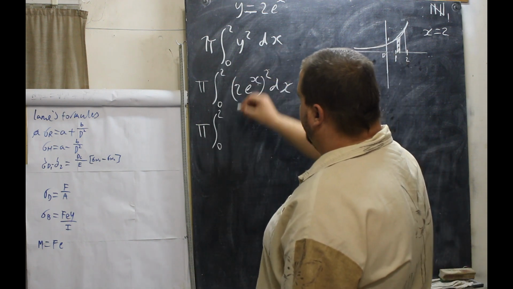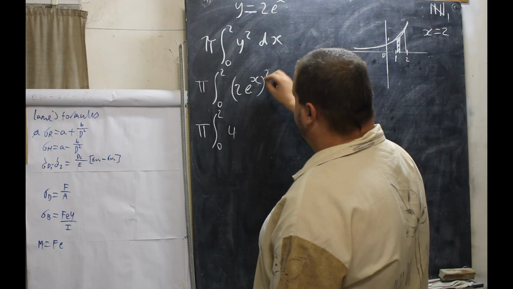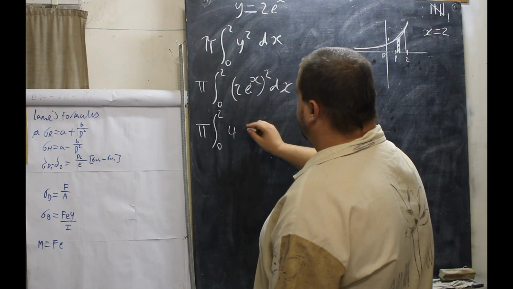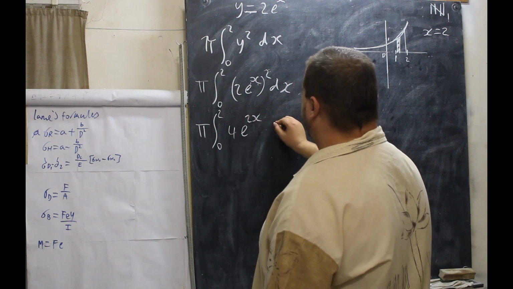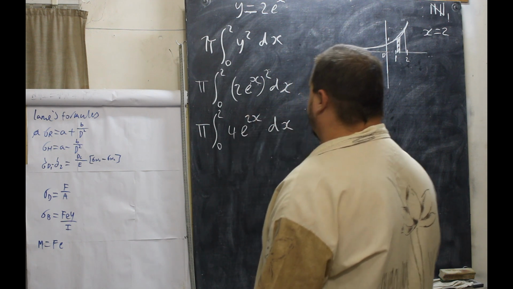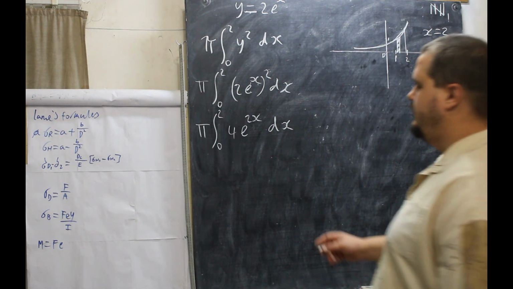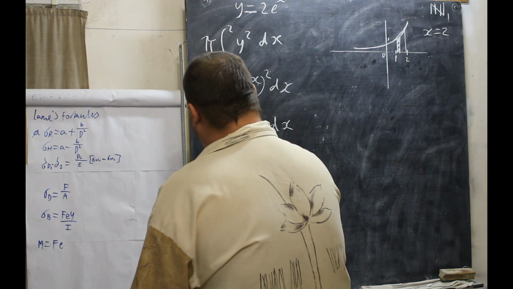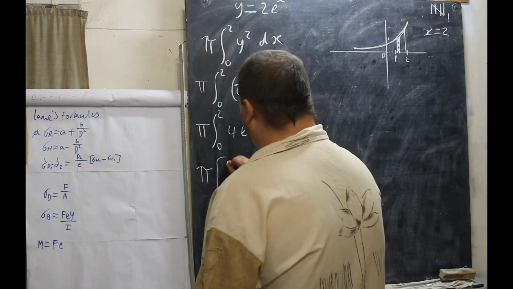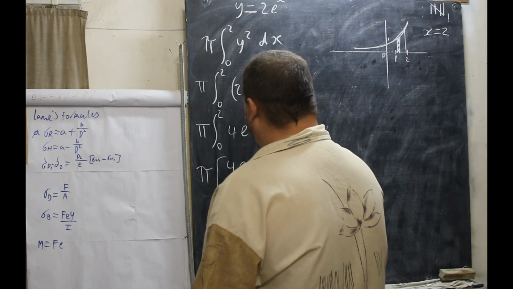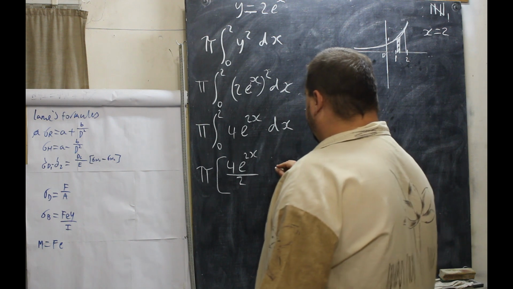So, 2 squared is 4, e to the x squared is e to the 2x, and it's still dx. Now we can integrate. So when we integrate, we go pi, now we integrate 4e to the 2x all over 2.